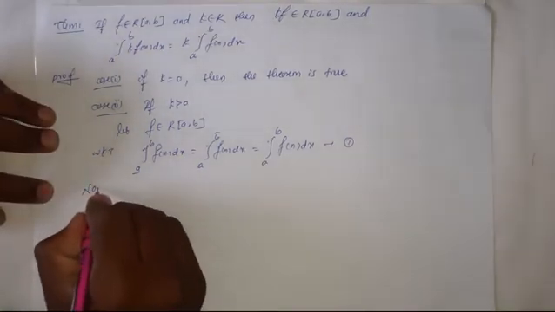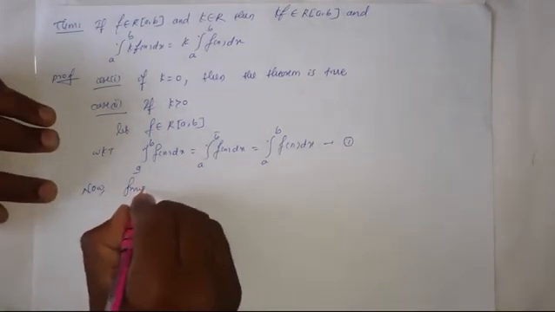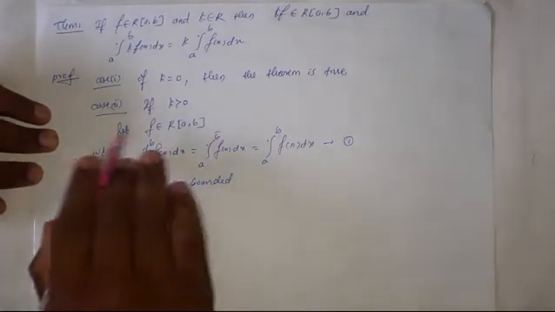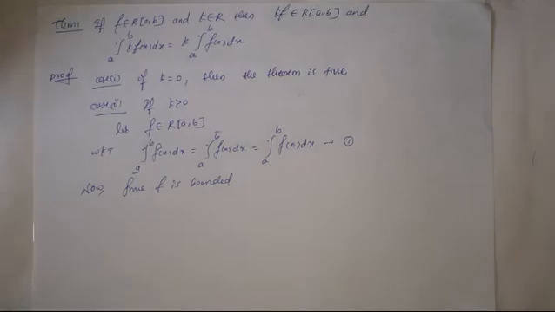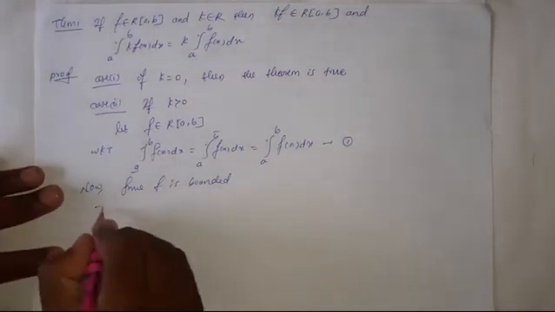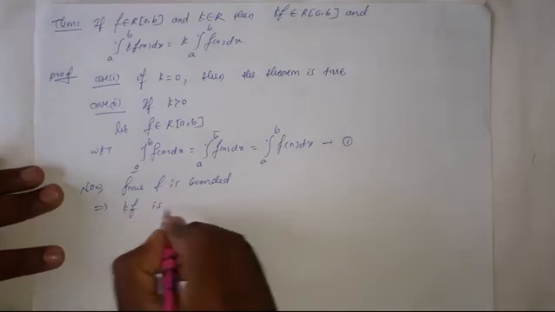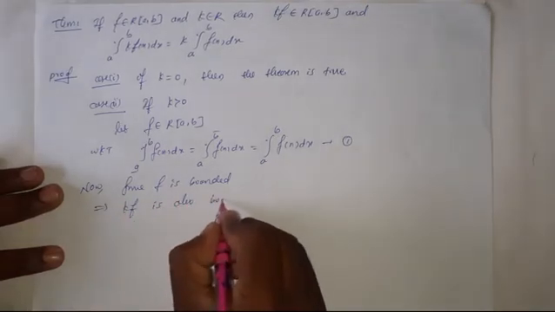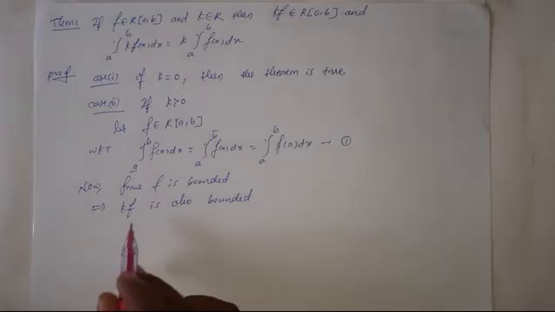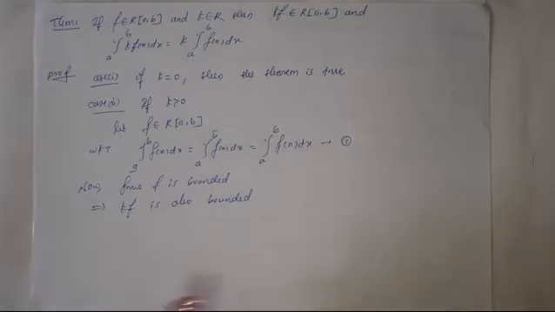Now, since f is Riemann integrable, it should be a bounded function. So therefore, since f is bounded, it implies that k into f is also bounded. Since f is a bounded function, if you multiply any constant to the bounded function, then the product is also a bounded function.